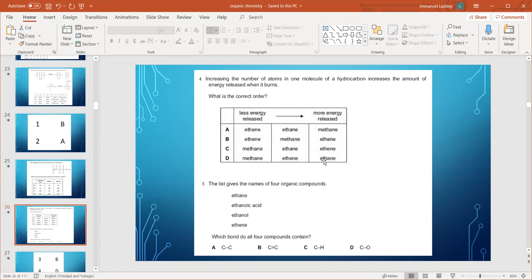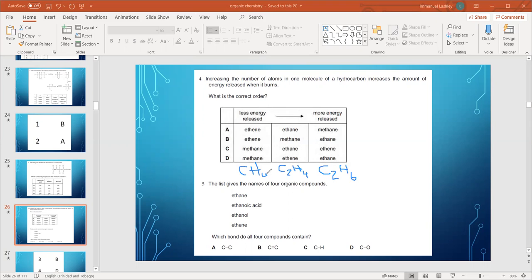The molecular formula for ethene is C2H4, while ethane is C2H6, and methane is CH4.